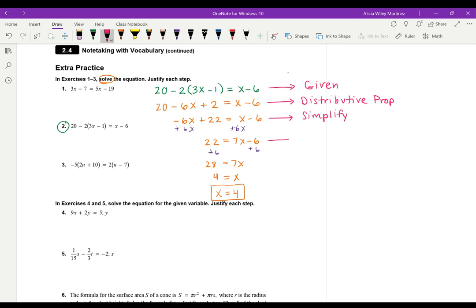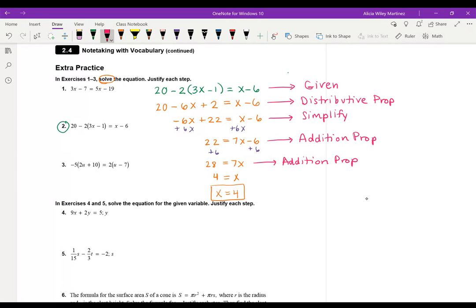Okay, the next step. How did we get to the next step? Well, in the next step, we added 6x to both sides in order to get this next orange step. So adding to both sides, as I talked about on page 51, is the addition property. And then in the next step, you can see again in purple that I added 6 to both sides. So to get from this step down to 28 equals 7x, I again used the addition property.